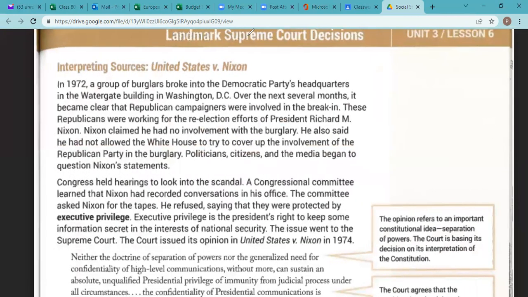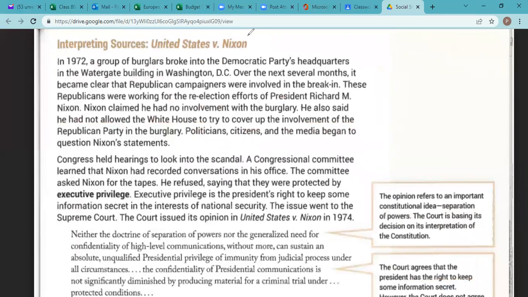So the landmark Supreme Court decisions, the United States versus Nixon. Now we're jumping all the way to 1972. Into the Democratic Party's headquarters in the Watergate building in Washington, D.C. in 1972.